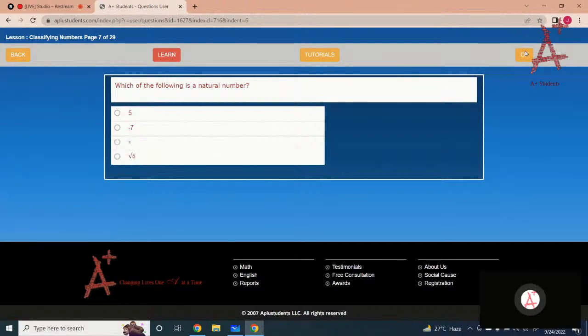Okay, the next one is, which of the following is a natural number? 5, negative 7, pi, or square root 6? It is 5, because the natural numbers don't have a decimal portion. Also, they don't have any negative sign, so 5 is a natural number.